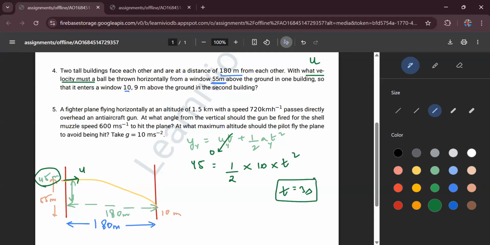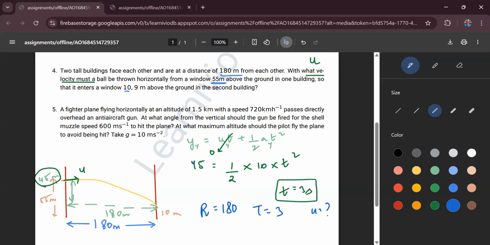Clear? Yes, ma'am. Now see, for the horizontal velocity, you just require horizontal time and horizontal distance, right? What is the horizontal distance over here? 180. Time is 3 seconds. So straight away, you basically have the range of motion as 180. You've got the time as 3 and you want the value of u. So how will we calculate it?